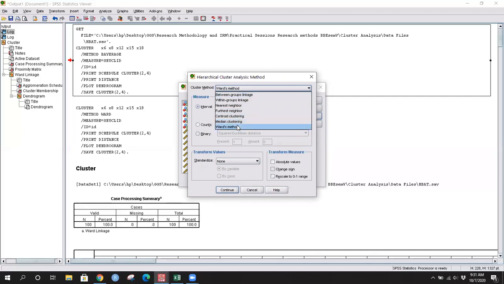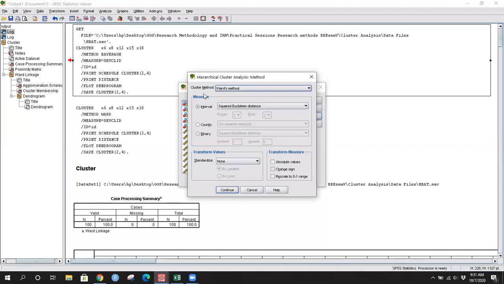We're going to specifically stick to Ward's method. The reason is that Ward's method has a tendency to generate clusters that are homogeneous and relatively equal in size. So Ward's method is everyone's favorite, and we're going to employ that.